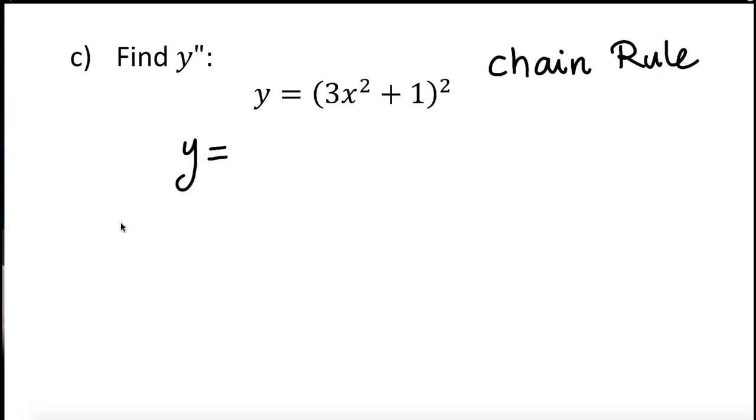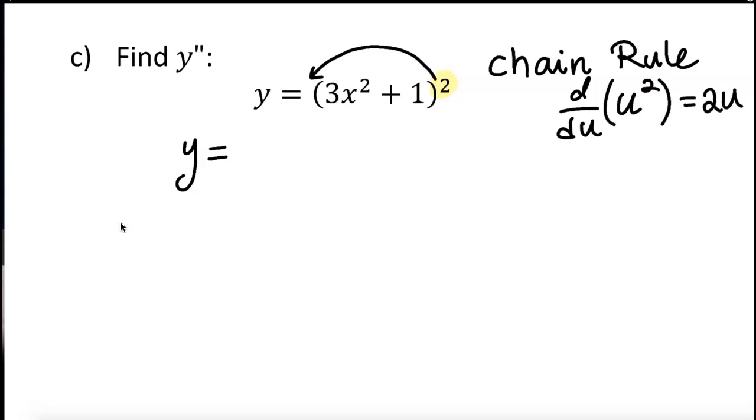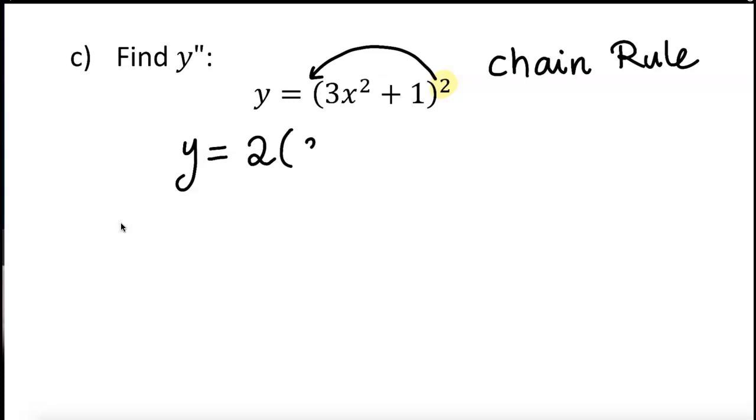Okay, so first take the derivative of the outside function. So just like taking derivative of u squared. Okay, d/du of u squared is simply 2u, right? So because of that, I'm going to just have this as 2 times 3x squared plus 1, that stays exactly the same.